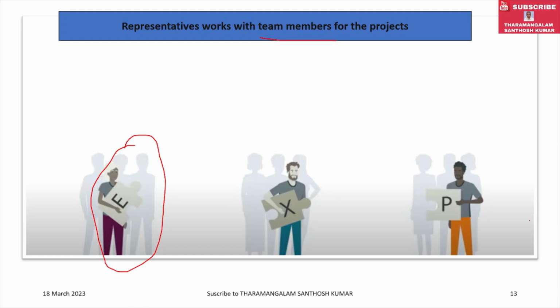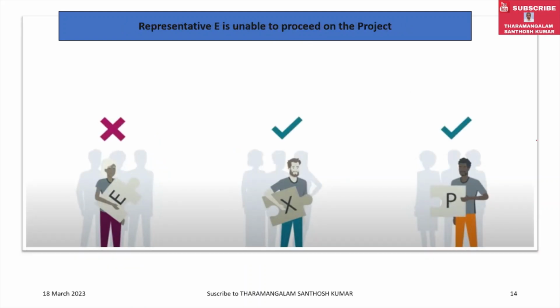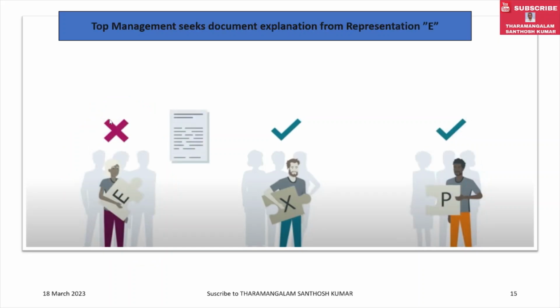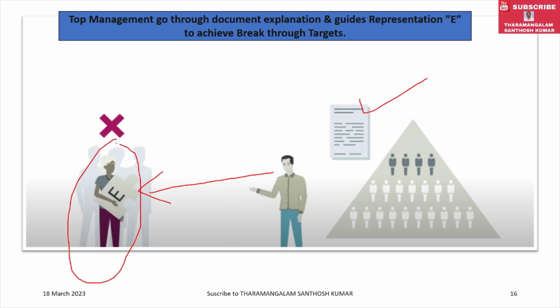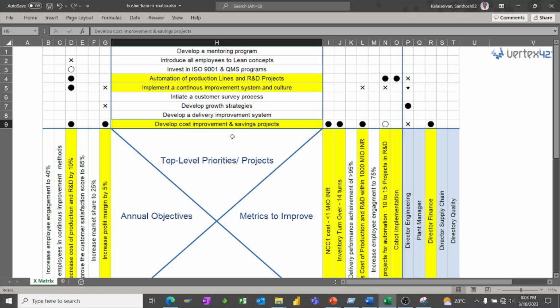Each and every representative will work with the respective people, but Martina now is unable to proceed on her project. So now the top management seeks a letter from Martina on why she is not able to do this project, develop cost improvement and saving projects. The top management goes through this document submitted by Martina and guides her. This is the management team. Martina seeks guidance from the management to achieve this project.